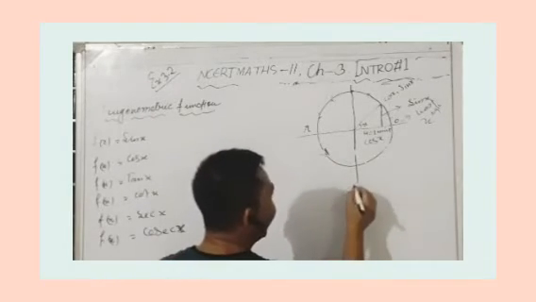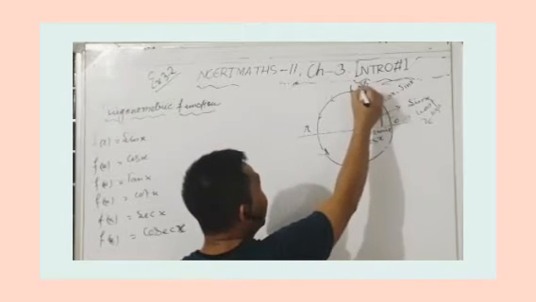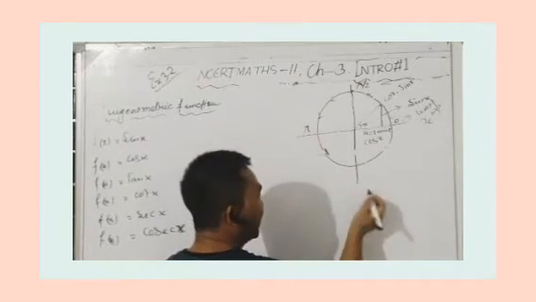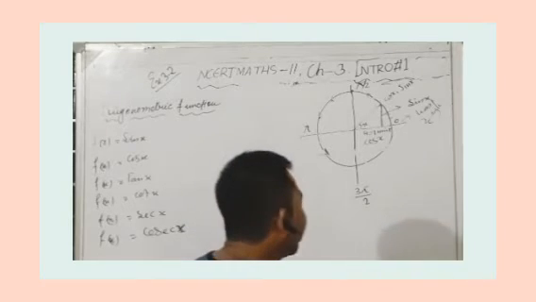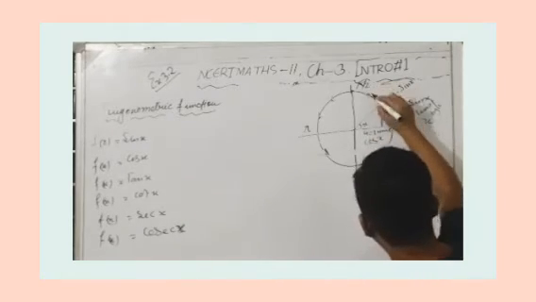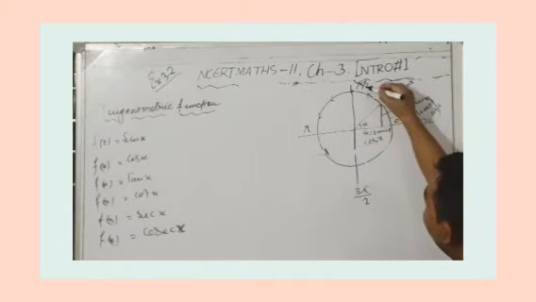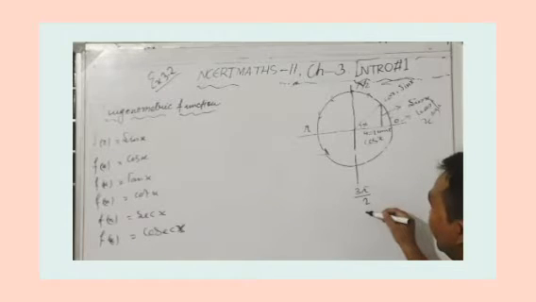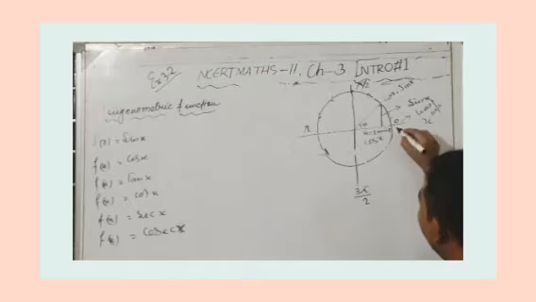And this will be pi by 2, which means 90 degrees. This is 180 degrees, and this is 3 pi by 2, which is 270 degrees. That means we keep on adding pi by 2: pi by 2 plus pi gives 3 pi by 2, plus pi by 2 gives 2 pi.